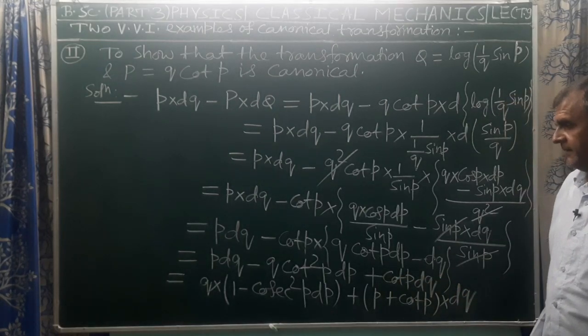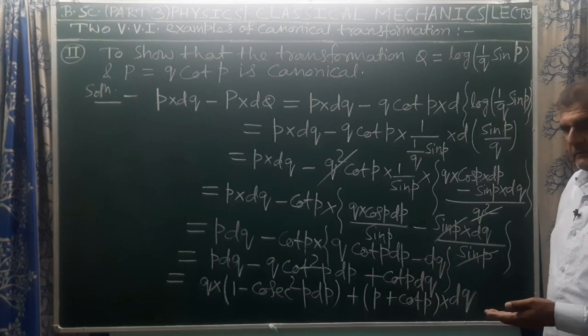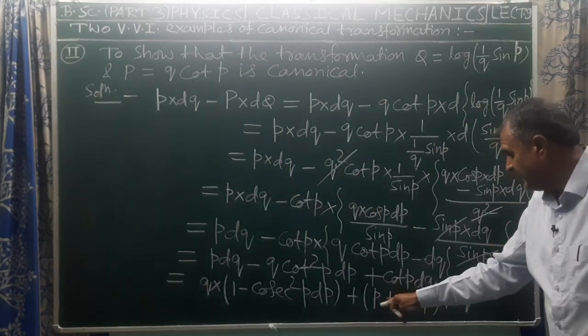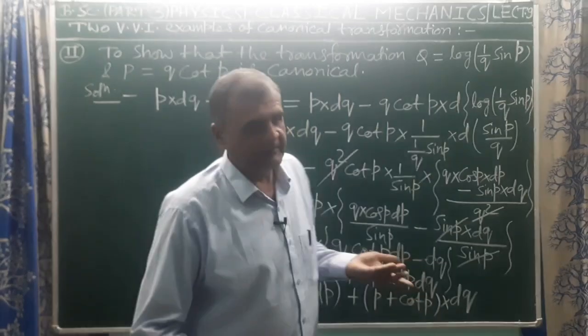Now it is the differential coefficient of the product of q multiplied by p plus cot p, which is an exact differential.